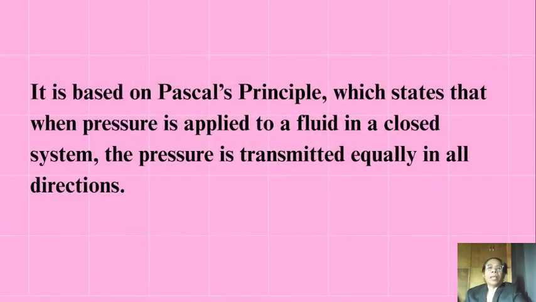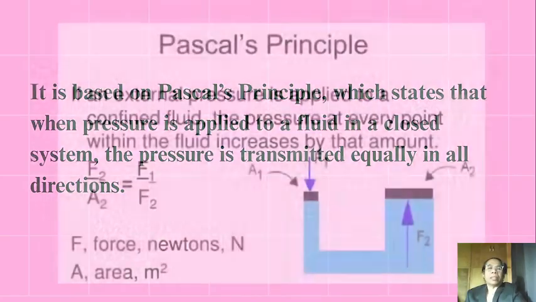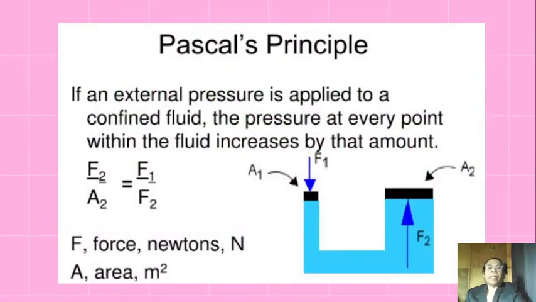And then it is based on Pascal's principle, which states that when pressure is applied to a fluid in a closed system, the pressure is transmitted equally in all directions. Pascal's principle: if an external pressure is applied to a confined fluid, the pressure at every point within the fluid increases by that amount.